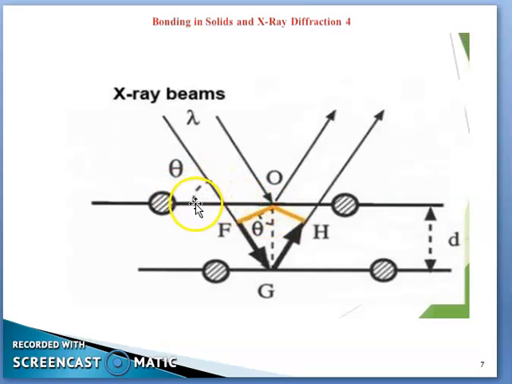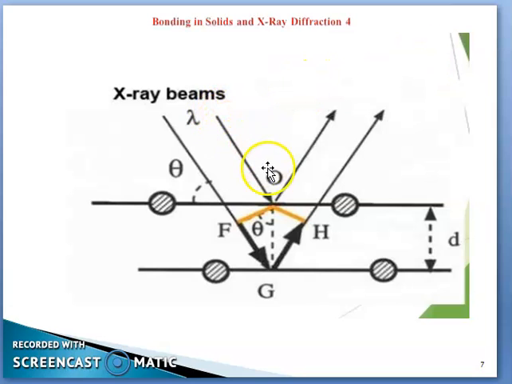Here this angle formed is what? Theta. Here alternate angle, this angle is also what? Theta. Alternate angles are congruent as these layers are parallel to each other. The ray which is incident at G is going to reflect along this direction.